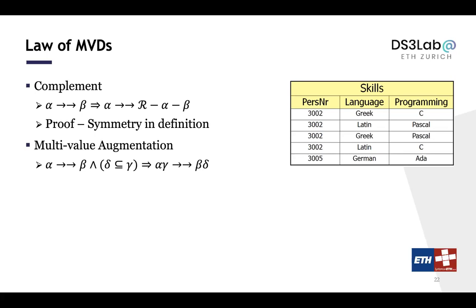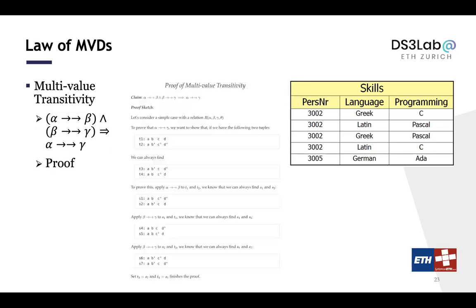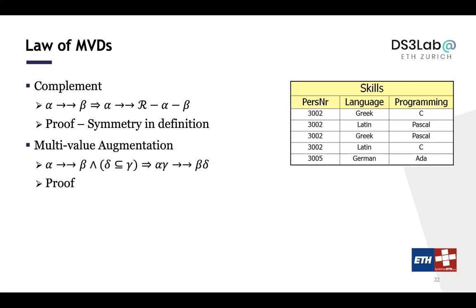This is what we call multi-value augmentation. Let's try to prove this together. Let me switch to my iPad and then we can draw it together, and you can see how to reason about some non-trivial inference rules for MVD.